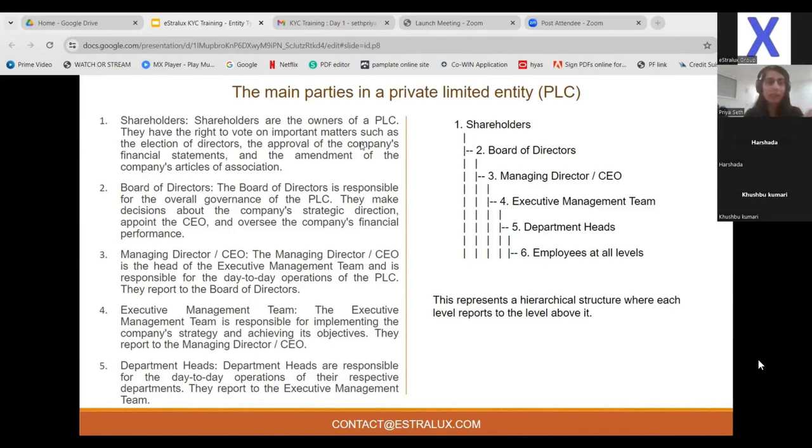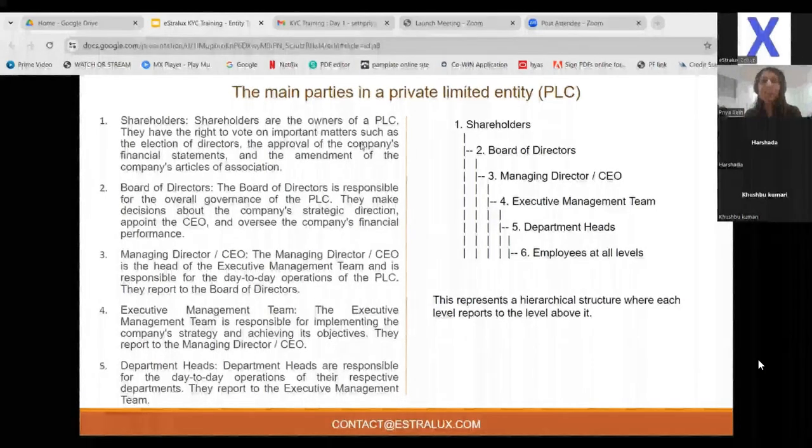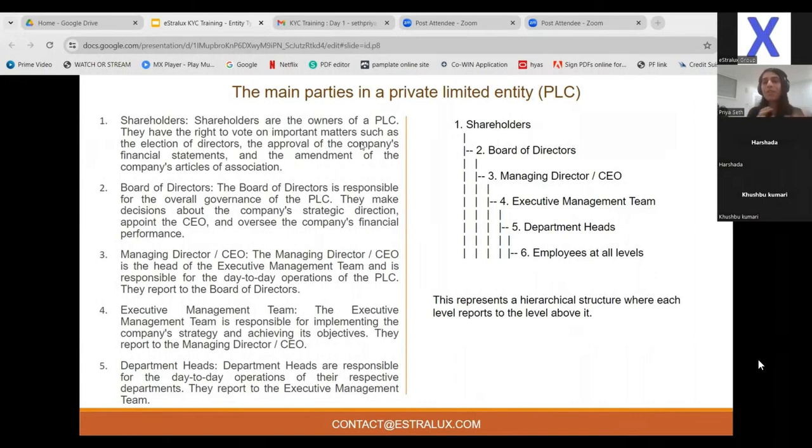If you have an annual report that lists the board of directors and you have 10 names, your job is done. In general, they make strategic decisions, appoint the CEO, and oversee how the company and its financial performance are going.